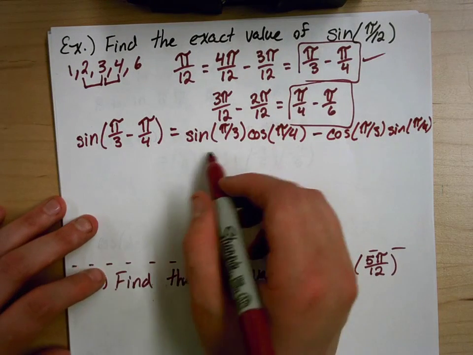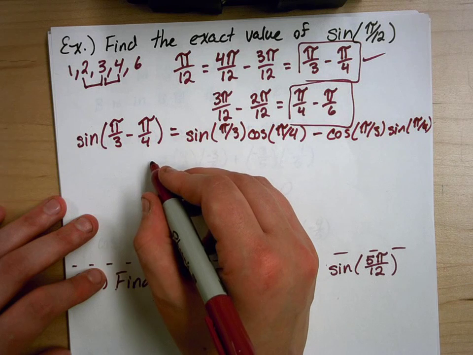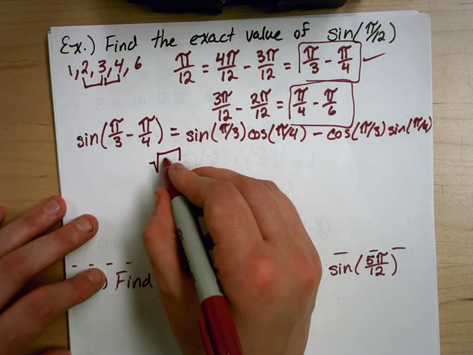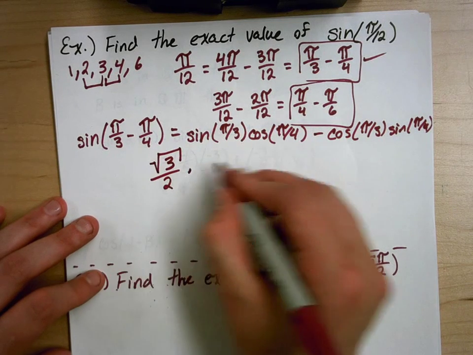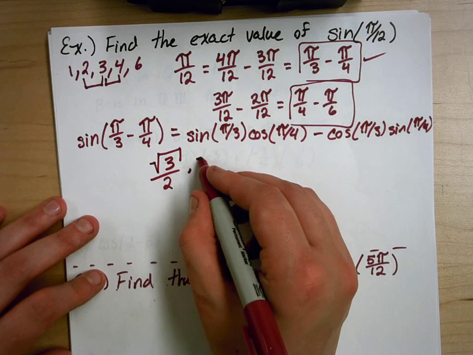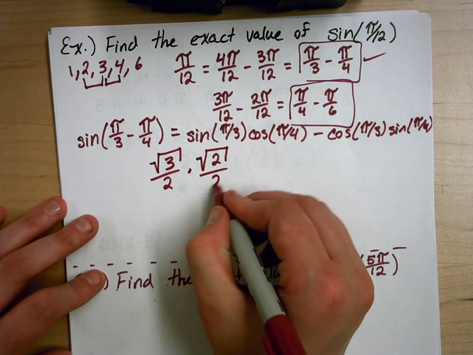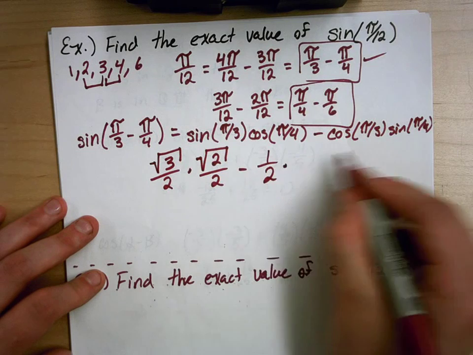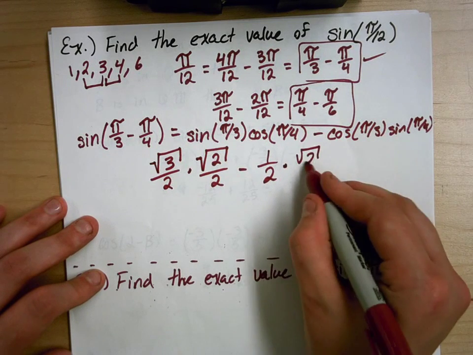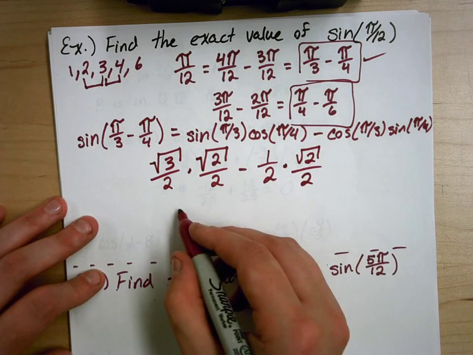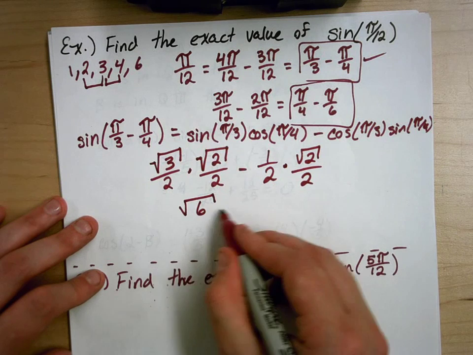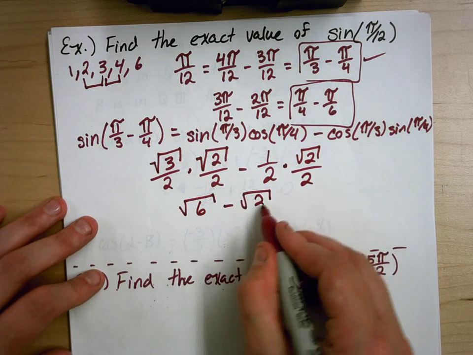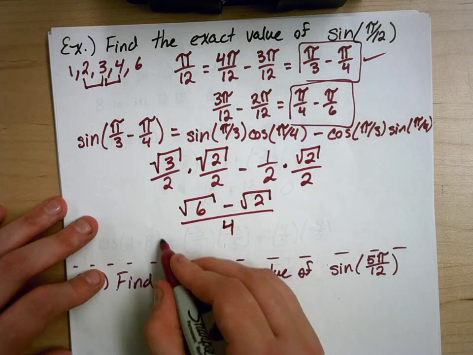So I know that sine of pi over 3 is going to give me root 3 over 2, and that cosine of pi over 4 is root 2 over 2, minus, this is 1/2, sine of pi over 4 is root 2 over 2, so that's going to give me root 6 minus root 2 over 4.